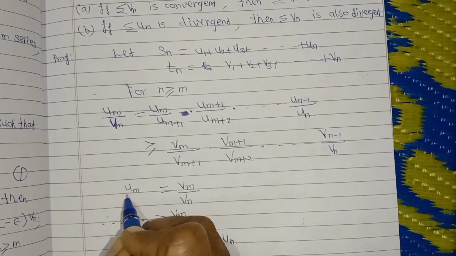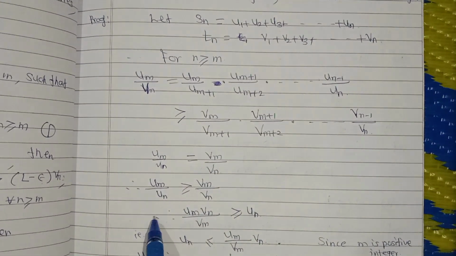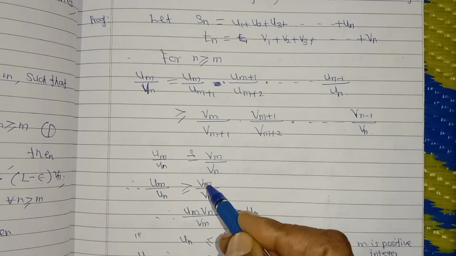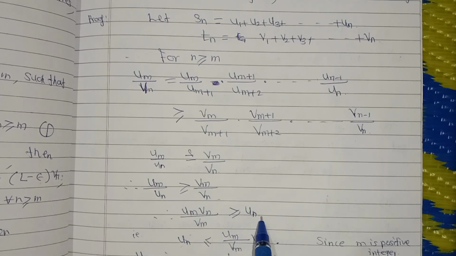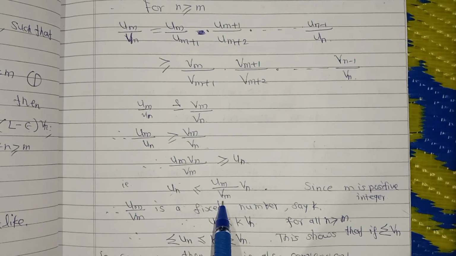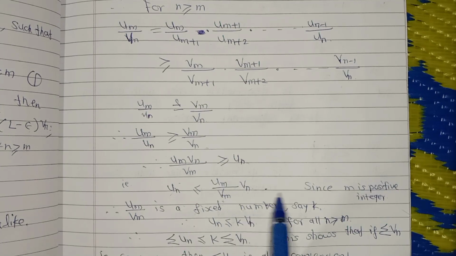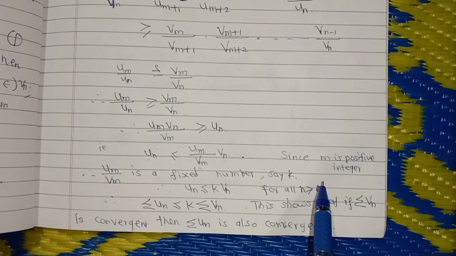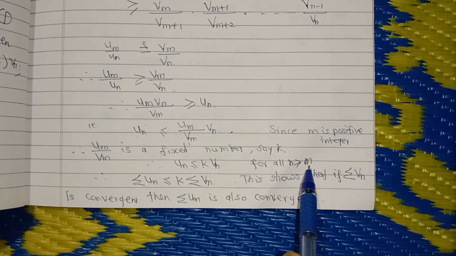So um upon un is greater than or equal to vm upon vn. Hence um into vn upon vm is greater than or equal to un. That is, un is less than or equal to um into vn upon vm, that is, um upon vm into vn, where um upon vm is a constant k since m is a positive integer. Un is less than or equal to k into vn for all n greater than or equal to m.